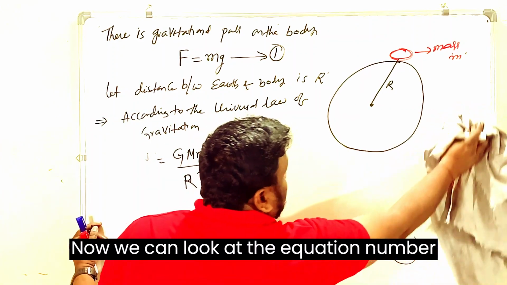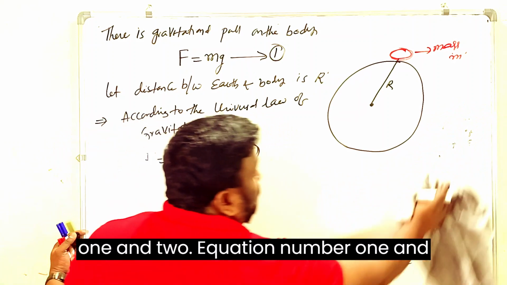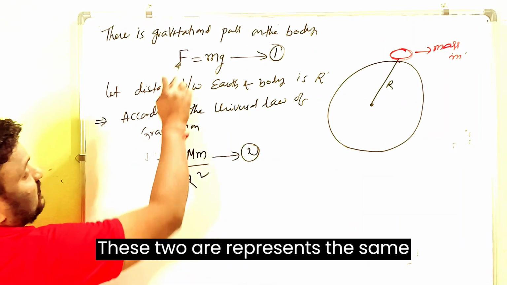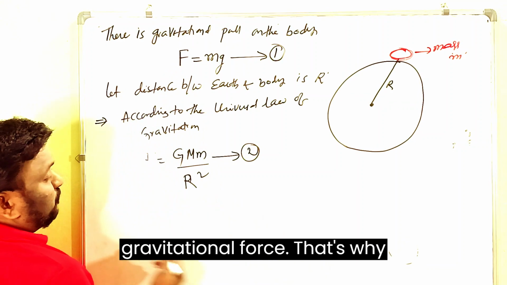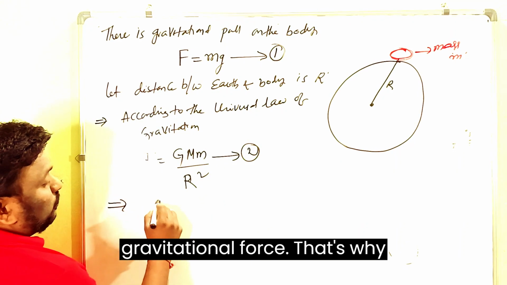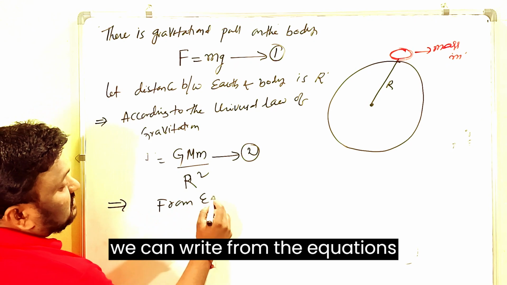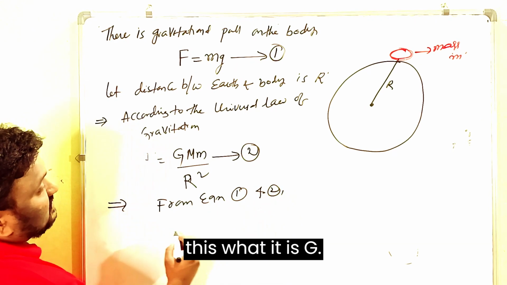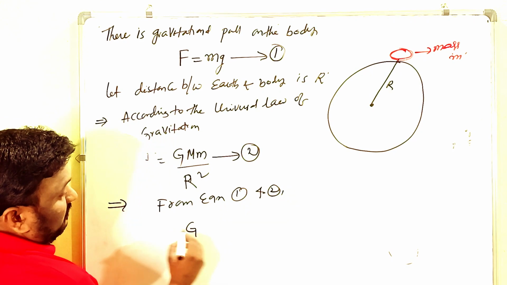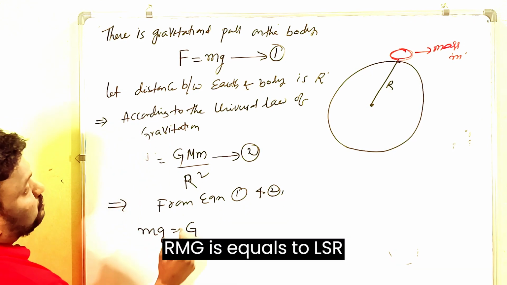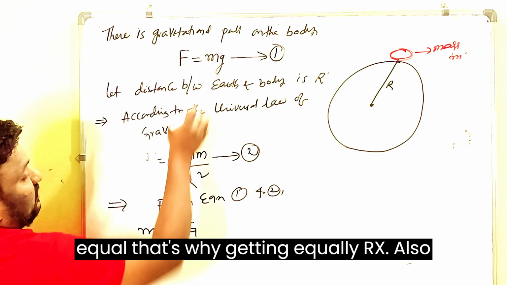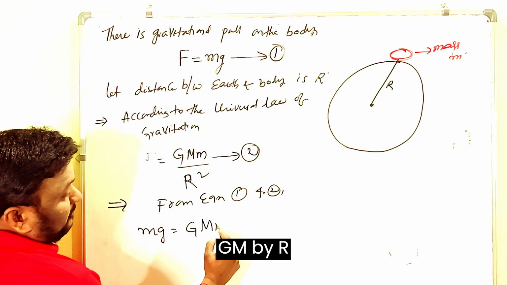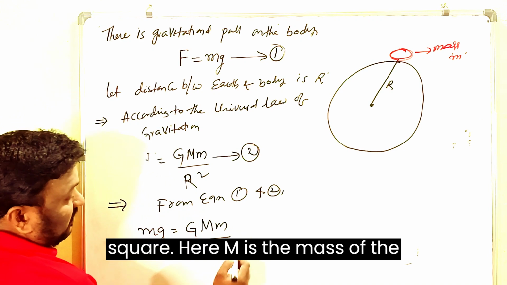Now look at equations number 1 and 2. What do you have to say, children? These two represent the same gravitational force. That's why from equations 1 and 2 we can write like this: mg is equal to G M m by R square.